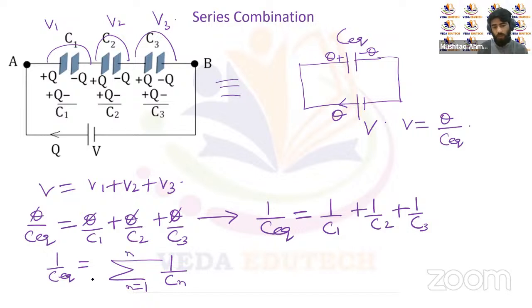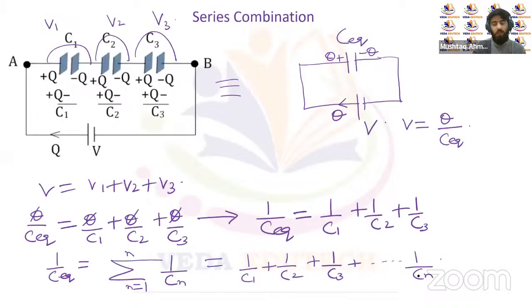So the equivalent capacitance is 1 upon C1 plus 1 upon C2 plus 1 upon C3, and so on up to 1 upon Cn. This is how we calculate the equivalent capacitance.